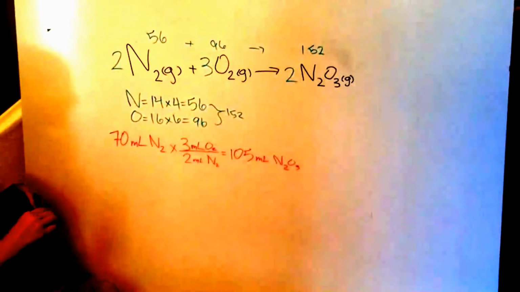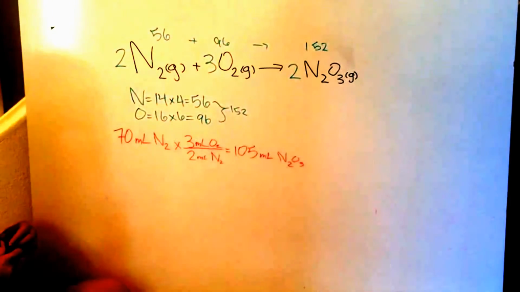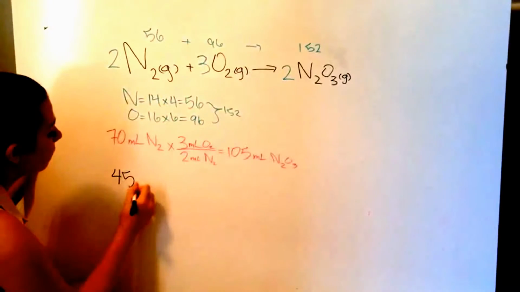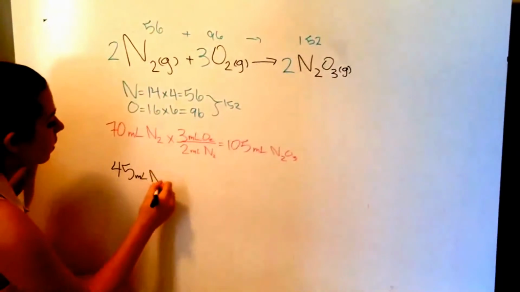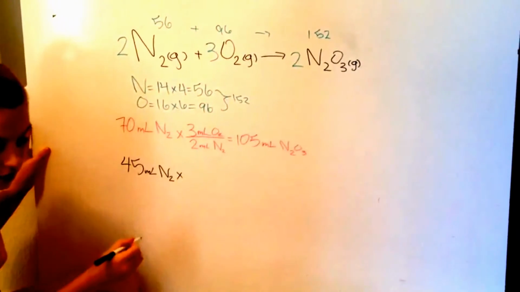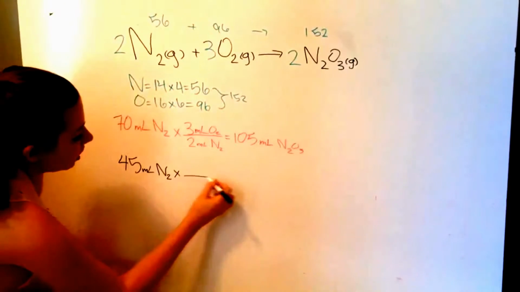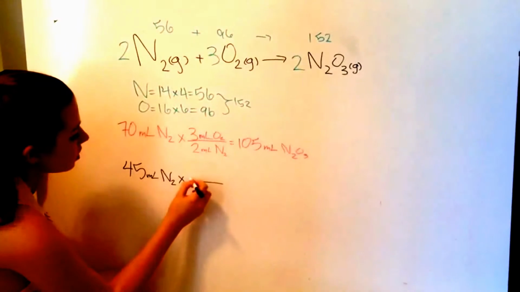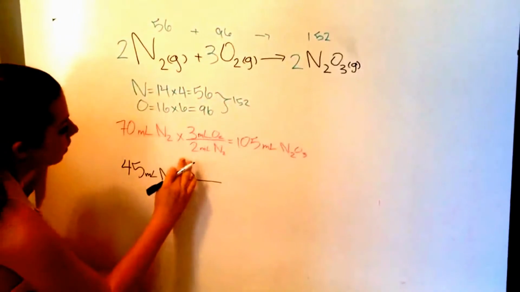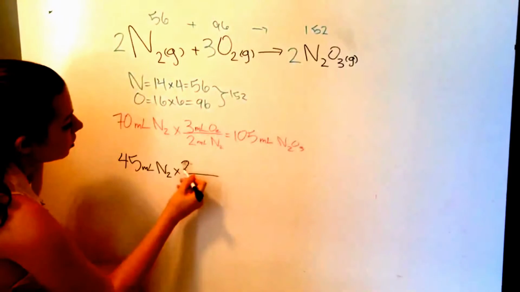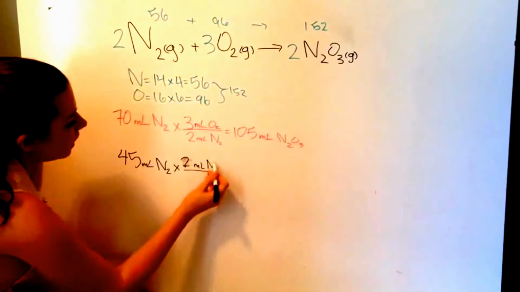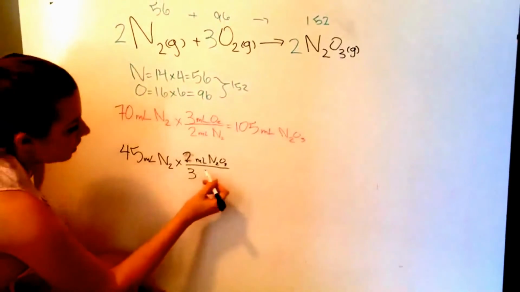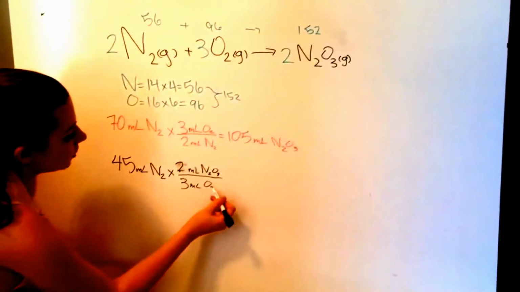We're going to, and it gives you 45 milliliters of oxygen gas. So it is 45, and then you're going to find the ratio of N2O3 to O2. So it's 2 milliliters of N2O3 over 3 milliliters of O2.